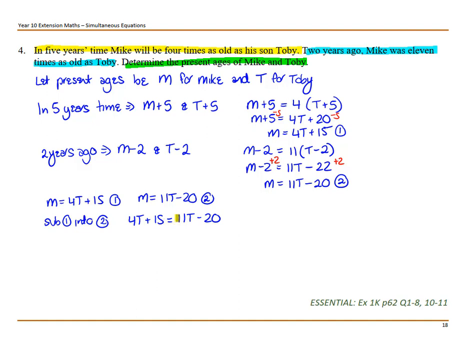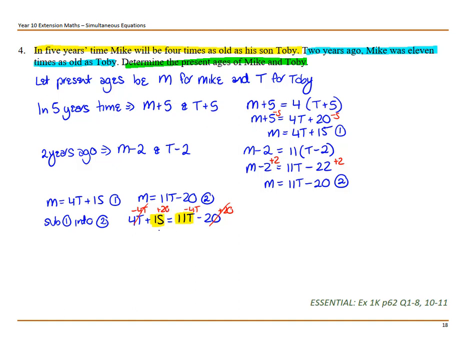Unknowns on both sides. I'm going to put my T's on that side because that's where the highest coefficient of T is, and my numbers on that side. So I'm going to take 4T from both sides, and I'm going to add 20 to both sides. So you can see the T's are gone and the 20's are gone.